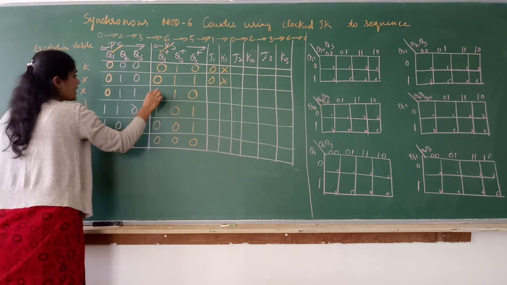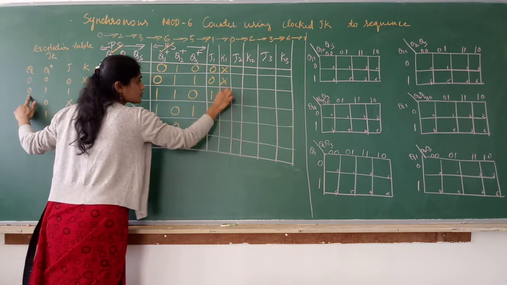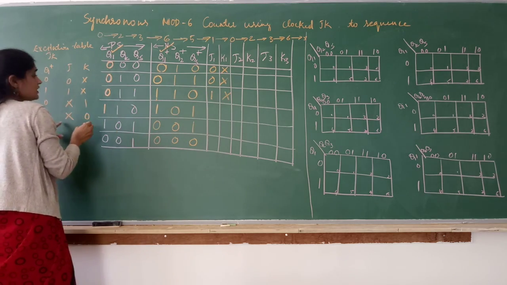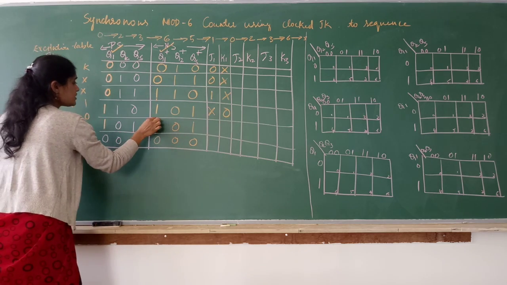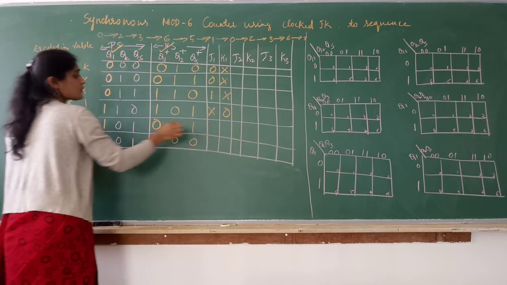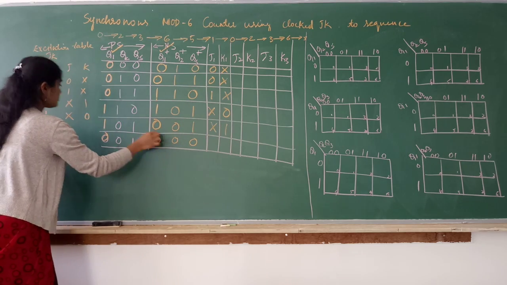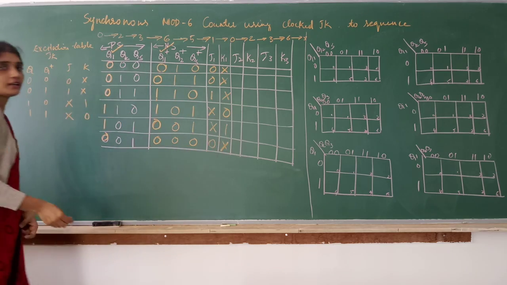Next, 0, 1. 1x. Write 1x. Next, 1, 1. x0. Next, 1, 0. x1. Next, 0, 0. 0x. Okay, like this.